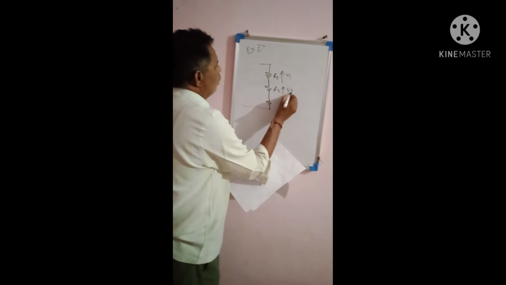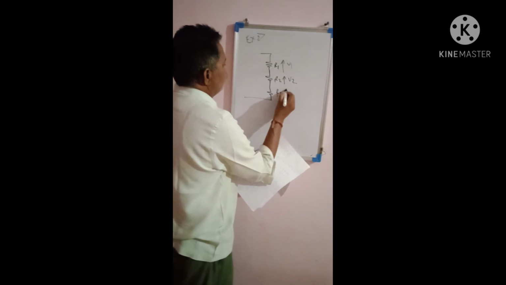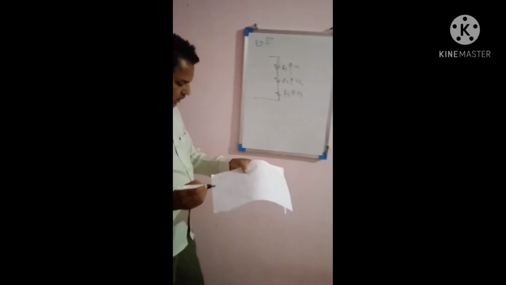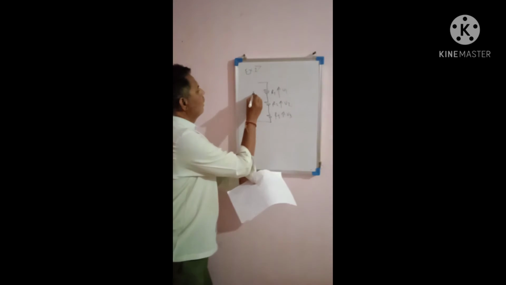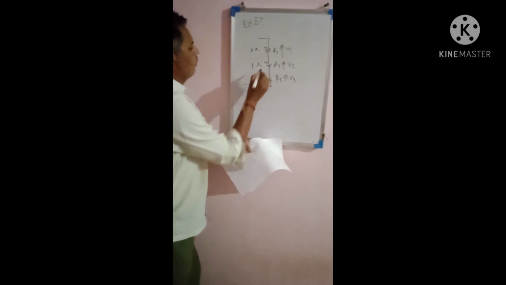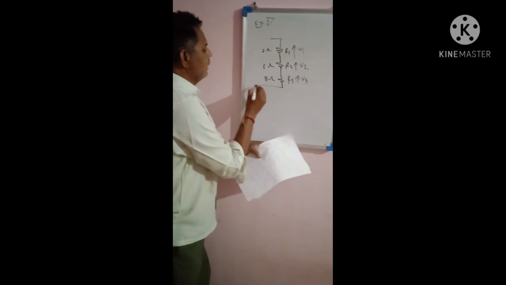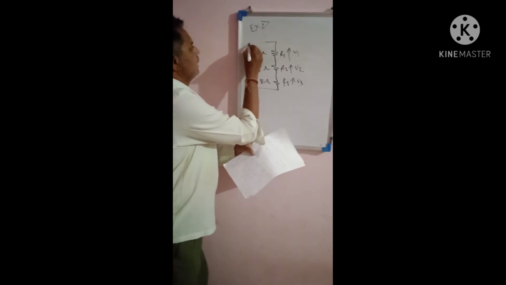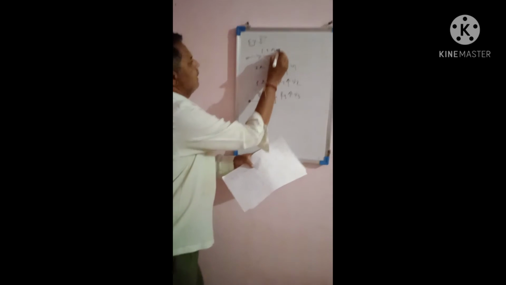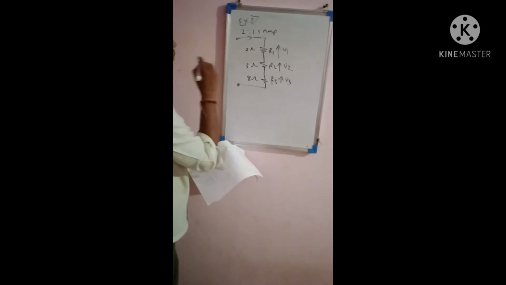Resistance R2, voltage drop across R2 is V2. Resistance R3, and voltage drop across R3 is V3. The ohmic values given are R1 is 2 ohm, R2 is 3 ohm, R3 is 8 ohm, and the circuit current is I equal to 1.5 ampere.